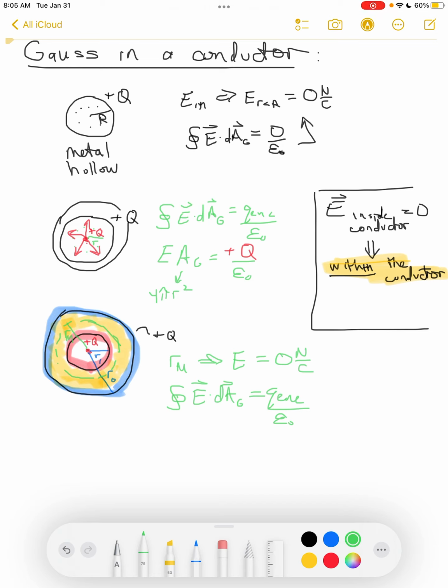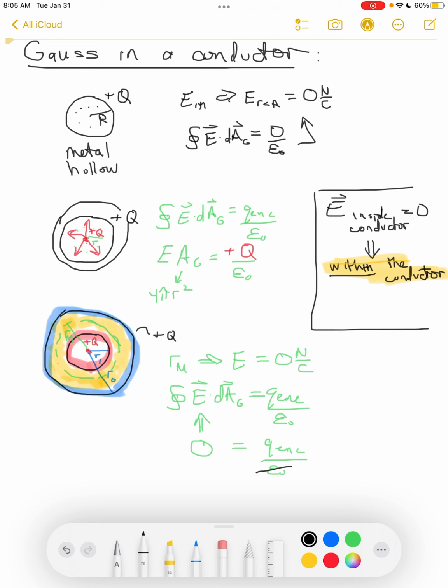Since we know that in that mid-region no charge accumulates and that the electric field will have to be 0 at that location, that actually forces us to adjust the left side of this equation. That tells us that 0 equals Q enclosed over epsilon naught. Of course, that's just a constant, so that will go away when we multiply both sides. That's telling you the enclosed charge is 0.